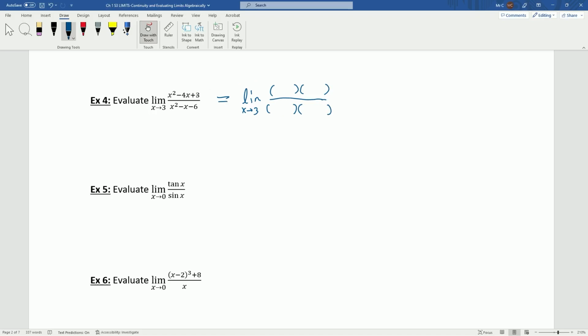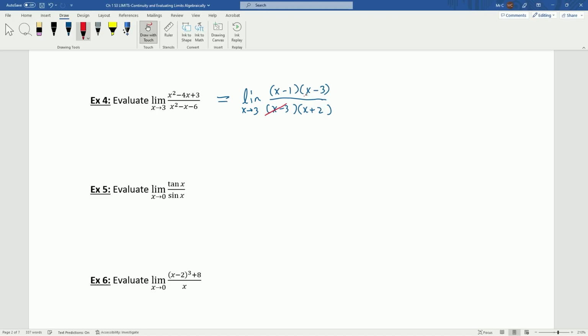So up top, we need factors of 3 that add up to negative 4. So that would be x minus 1 and x minus 3. And in the denominator, we need factors of negative 6 that add up to negative 1. So that would be x minus 3 and x plus 2.